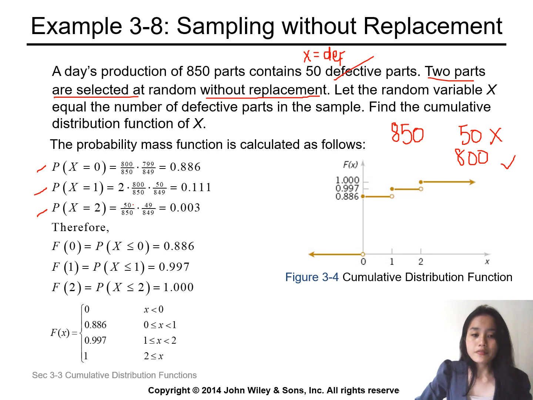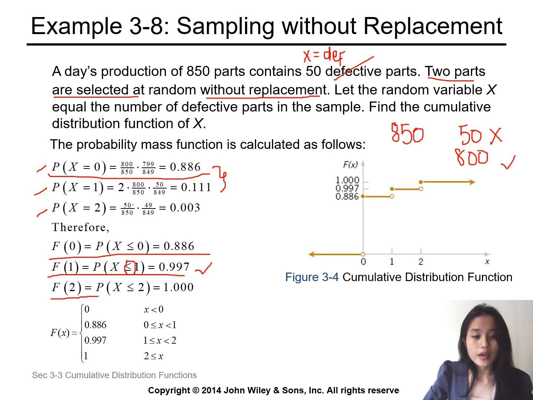Therefore, F of 0 is equal to P of X less than or equal to 0, and we input that value. For F of 1, it is less than or equal to 1, so we add those two values and get 0.997.